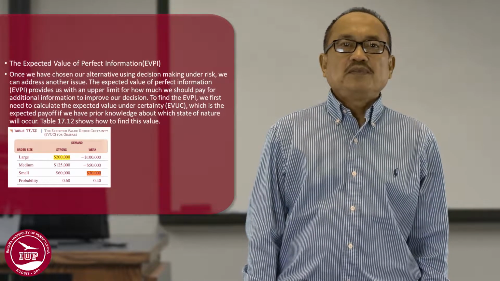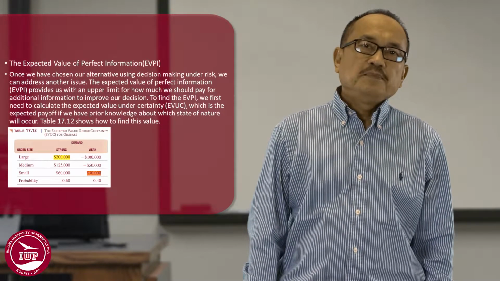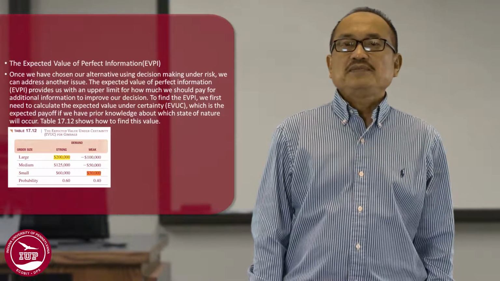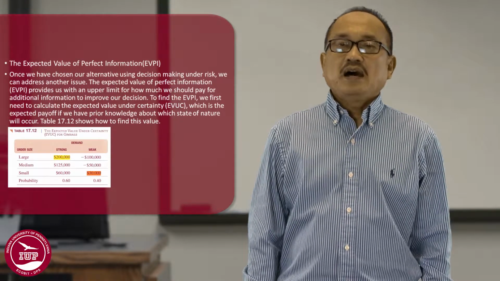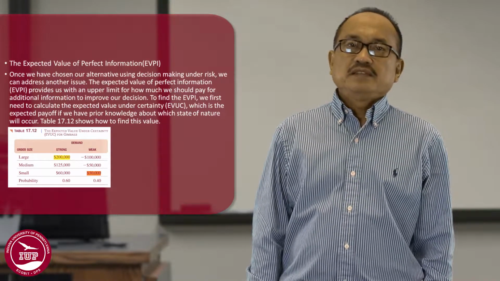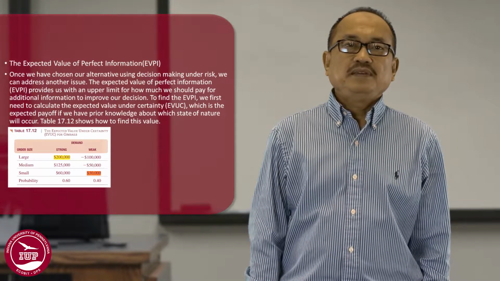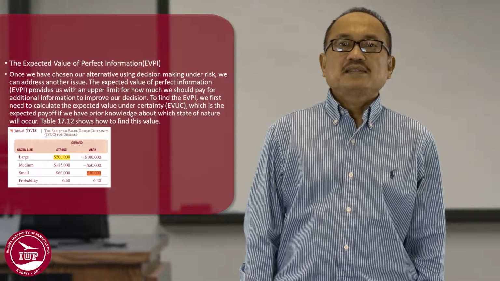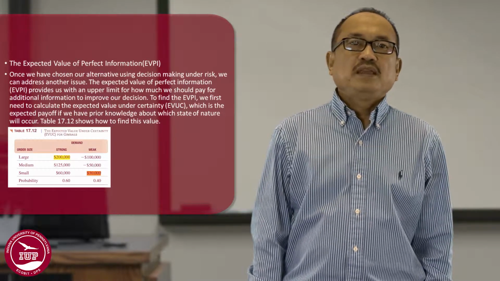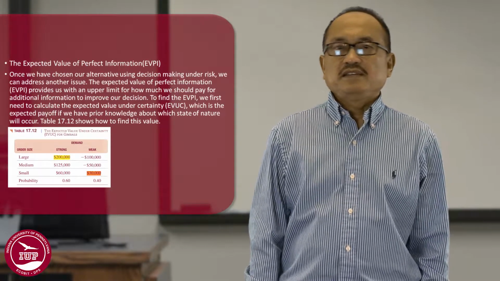The expected value of perfect information, or EVPI. Once we have chosen our alternative using decision making under risk, we can address another issue. The expected value of perfect information, or EVPI, provides us with an upper limit for how much we should pay for additional information to improve our decision.